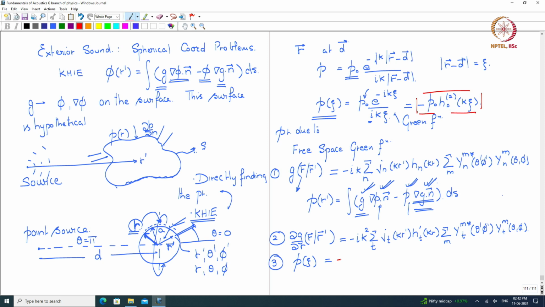Minus p0 summation, I am using a different index here, minus 1 to the power q. Okay. So this is already in a Hankel function form. Why am I doing it? I want to separate within xi we have this r minus d. Okay. So I am trying to separate that. I will have a function of r, I will have a function of d, that is the idea.